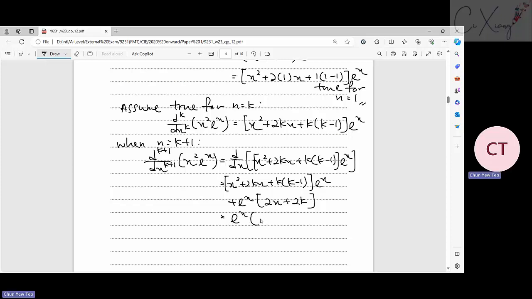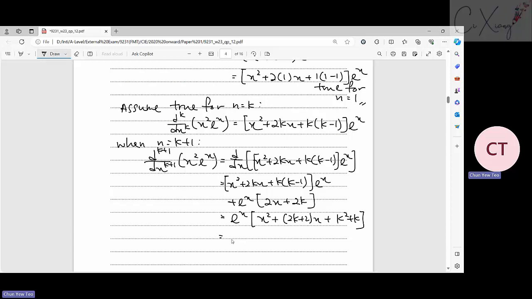Factorize the e power x out, then you have x squared plus (2k plus 2)x plus k squared plus k. Over here, we just split them with a proper bracket so that it will not look so confusing.